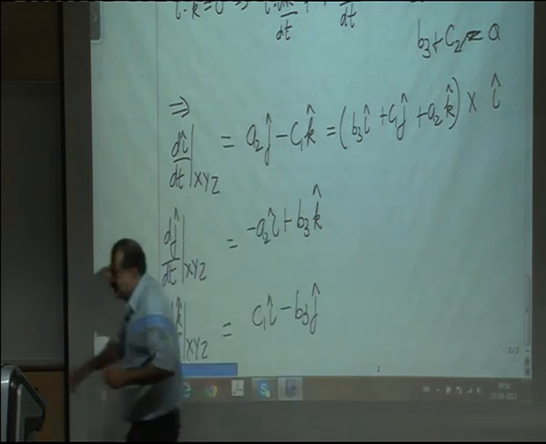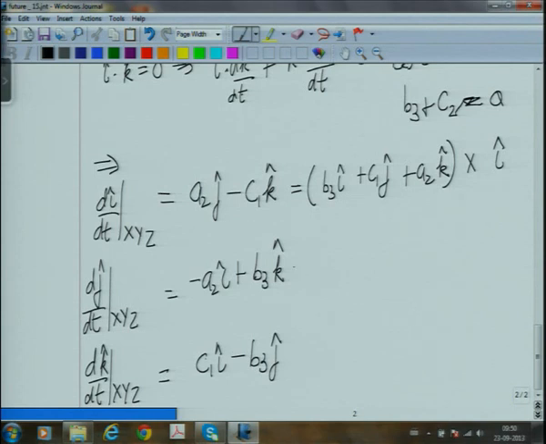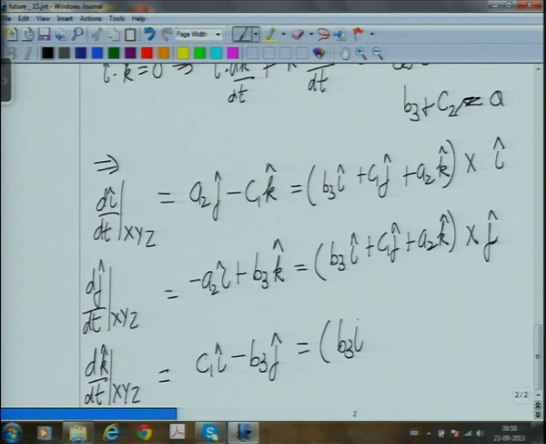When I write dj by dt, I will again get B3i plus C1j plus A2k cross j, and dk by dt I will again get B3i plus C1j plus A2k cross k. So, therefore, from this what we get is that we can write this vector.